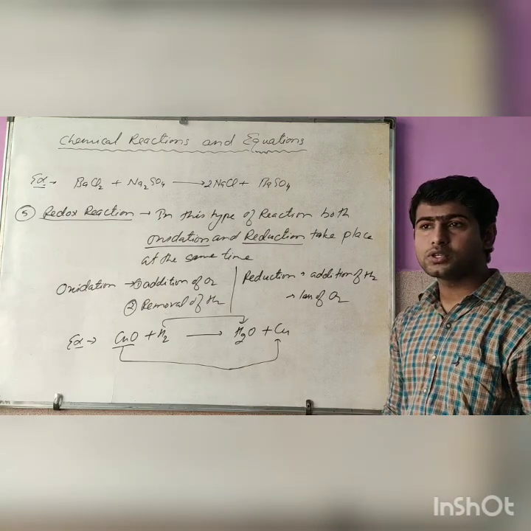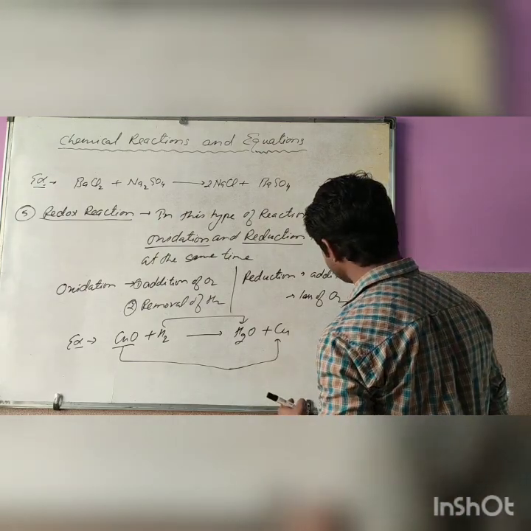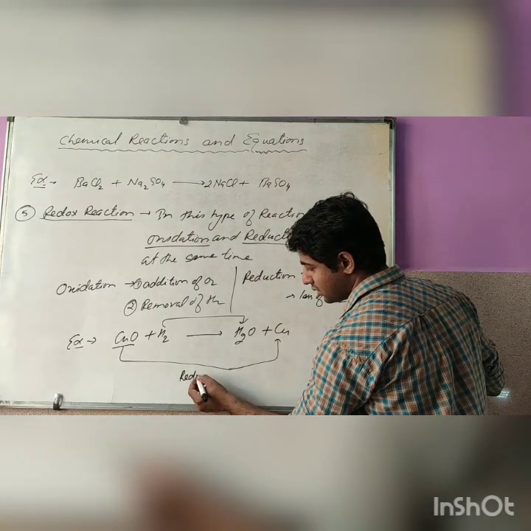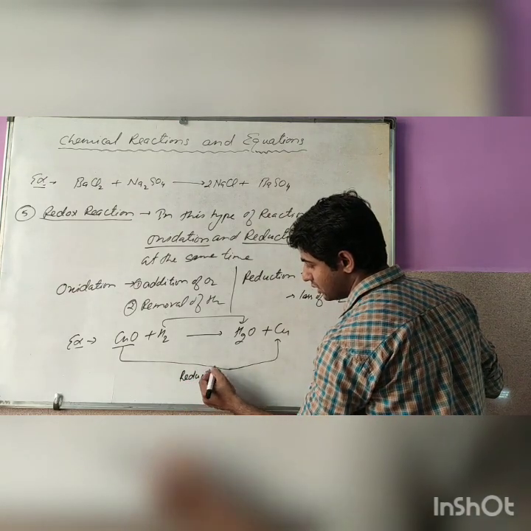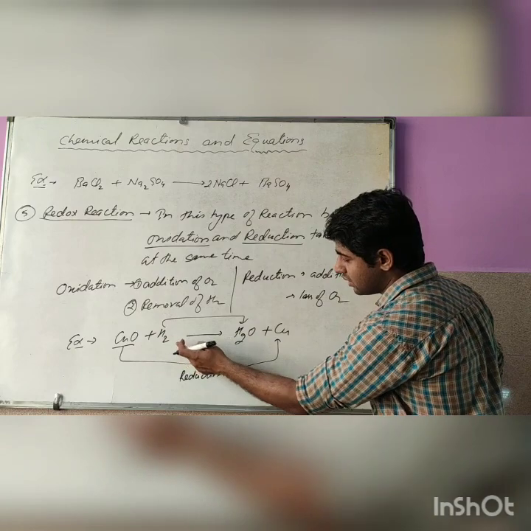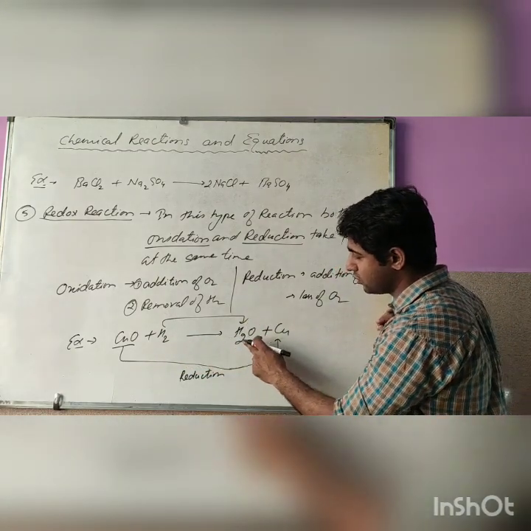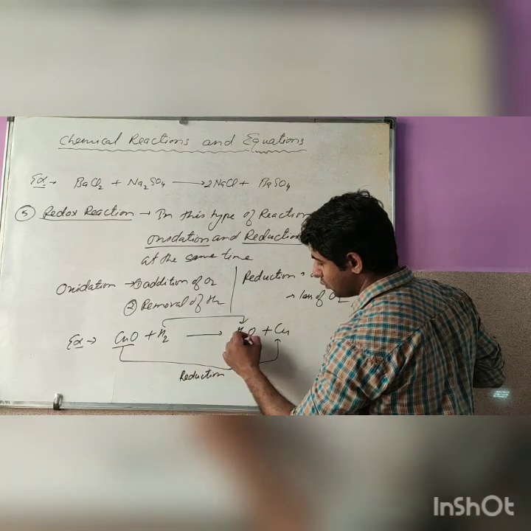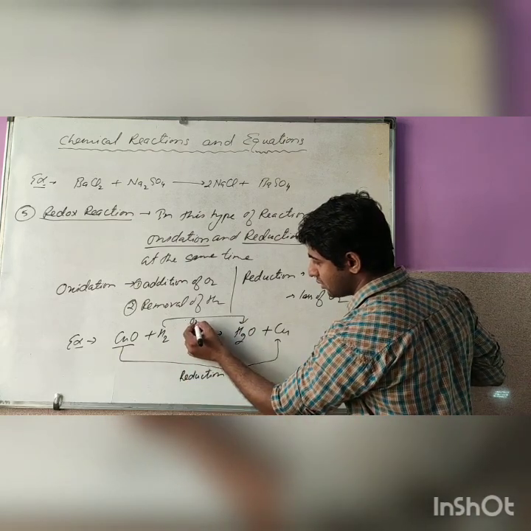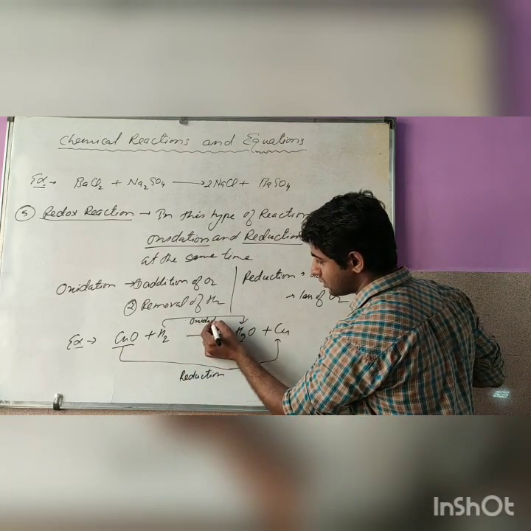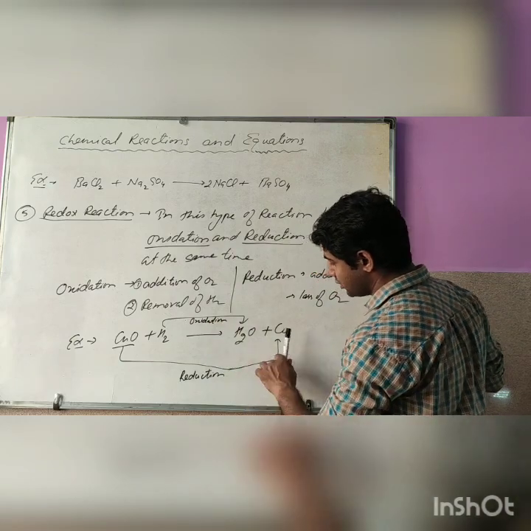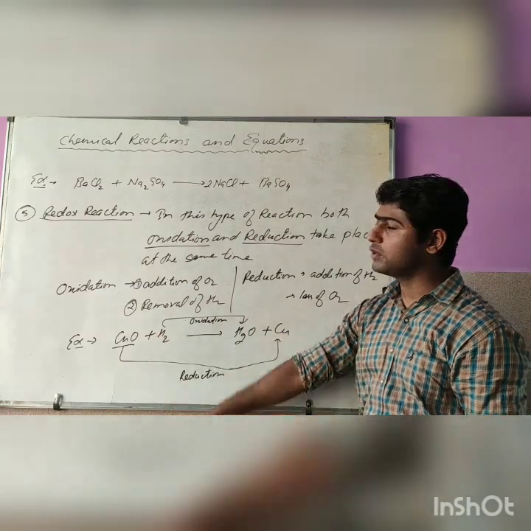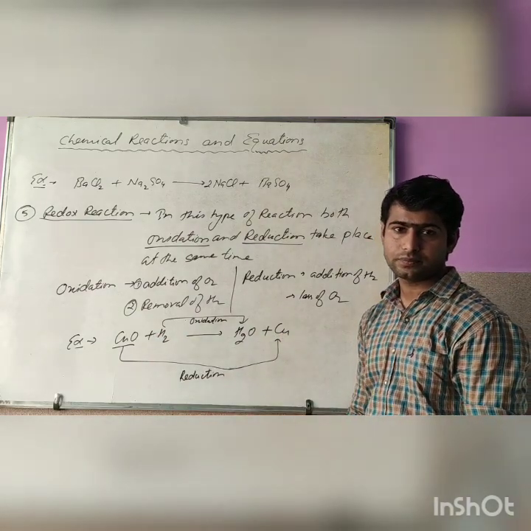Loss of oxygen is taken as reduction. And here you can see hydrogen gains an oxygen atom to change into water, H2O. So there is a gain of oxygen, so it is an oxidation reaction. So in one reaction, both oxidation and reduction take place. So this is an example of redox reaction.